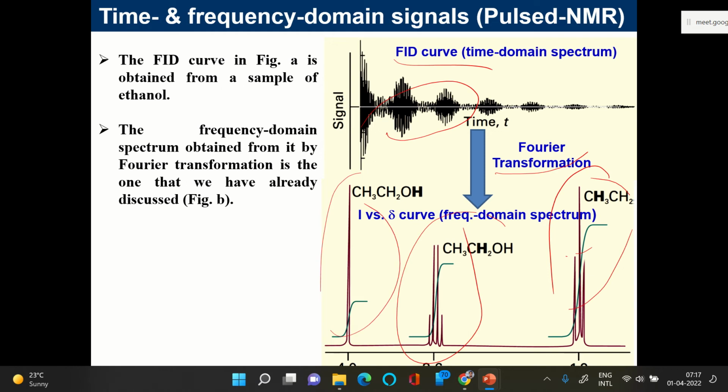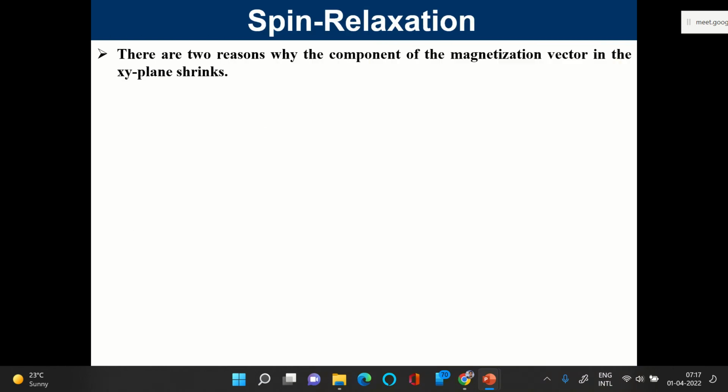So 4 plus 3 plus 1, 8 different Larmor frequencies are present in that sample. So corresponding to each of them you have oscillations, and the pulse profile that you are getting finally looks very complicated, and with the help of an algorithm you can change it and get it.